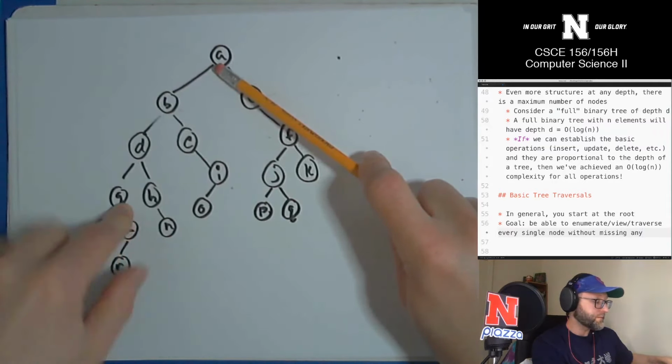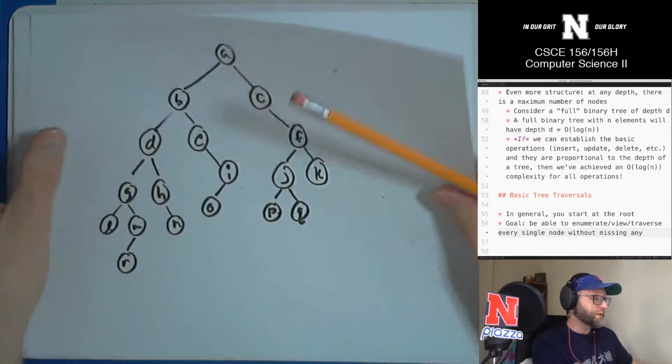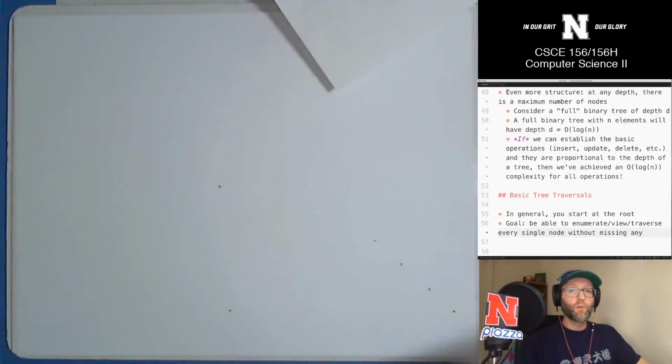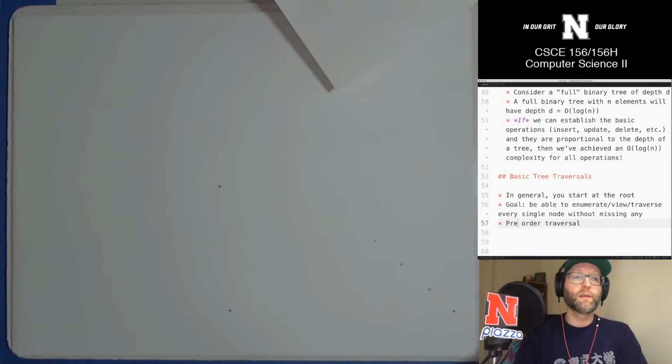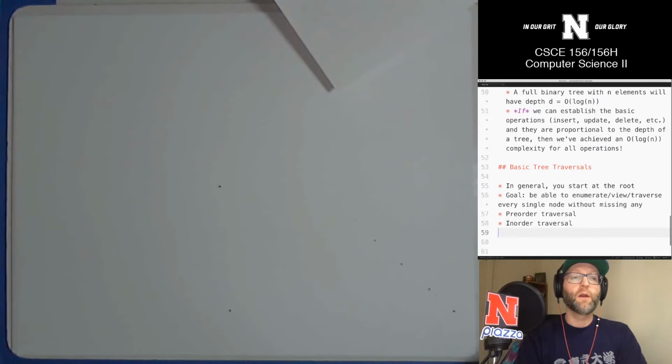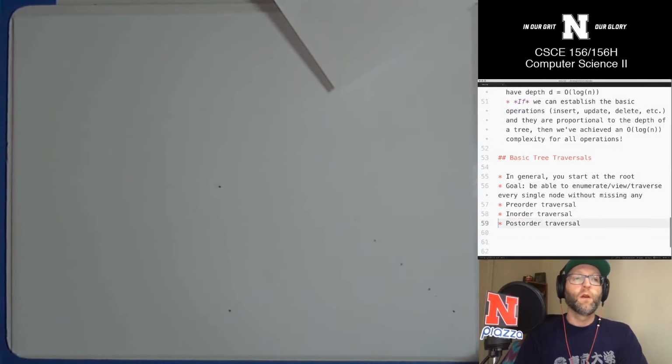There are a couple of ways of doing this, and we'll be looking at each one of them in detail. There's a pre-order traversal. Sometimes people hyphenate this. I think it's technically one word. There is an in-order traversal, and there is a post-order traversal. So let's go ahead and focus on each one of these in turn.